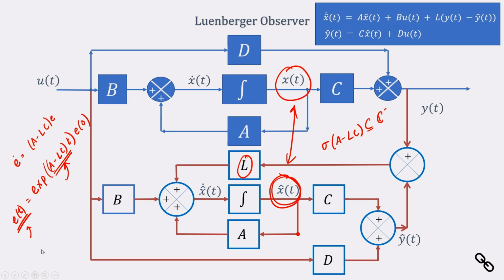So, till now what did we see then? We have now come up with this idea that if we use a Luenberger observer, then using the information of the actual output and the input that is given to the actual plant, we can automatically estimate the states of the system.